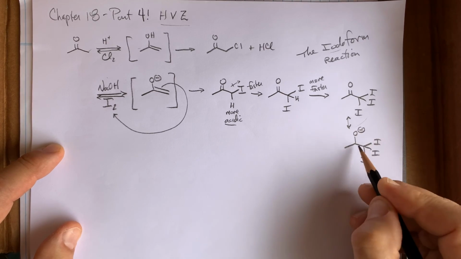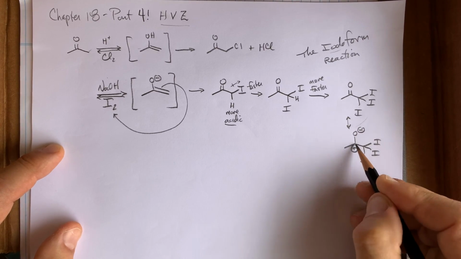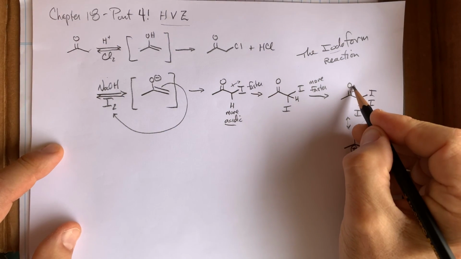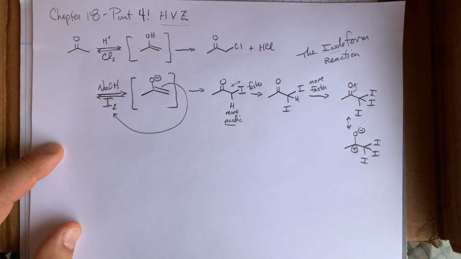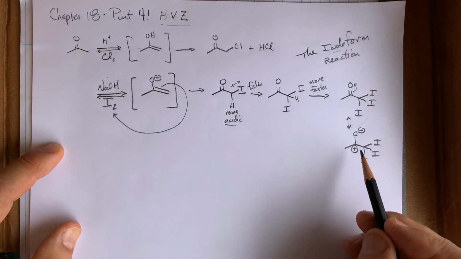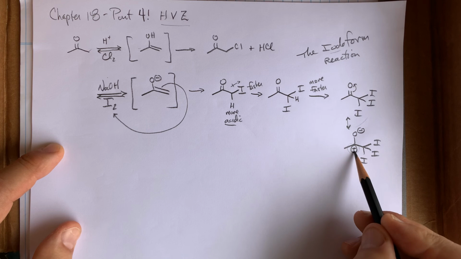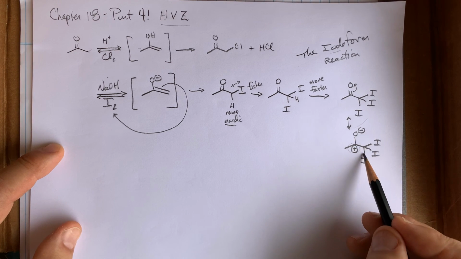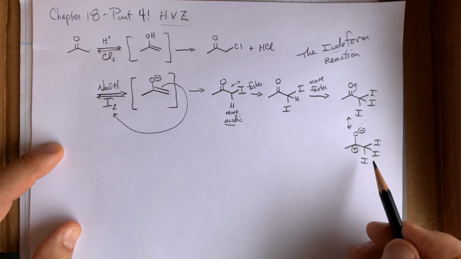And that resonance structure looks like this, where you're just taking the electrons in the p orbitals and moving them up onto the more electronegative oxygen. So now you have this positive charge down here, right next to this carbon with all of the halogens on it.